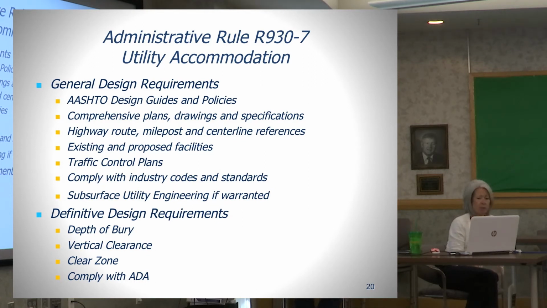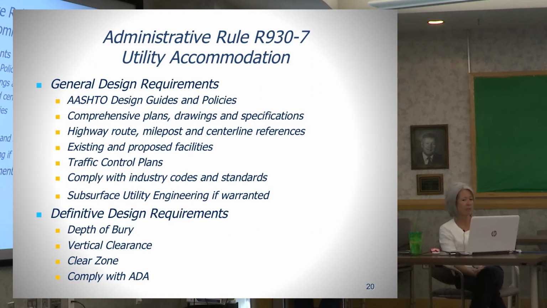General design requirements. Utility installations are required to meet the AASHTO design guides and policies. The utility companies have to maintain and have comprehensive plans, drawings, and specifications for their facilities and their installation. They need to reference the highway system, the route, milepost, and centerline references.